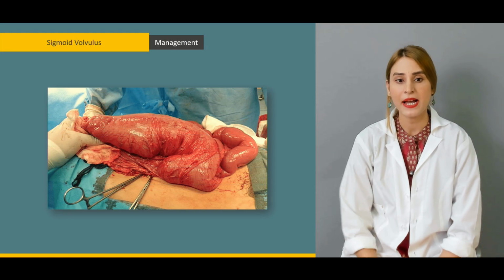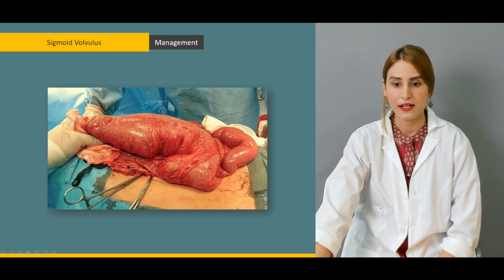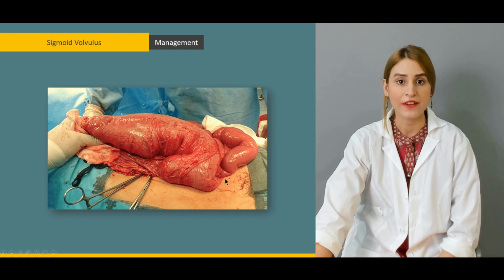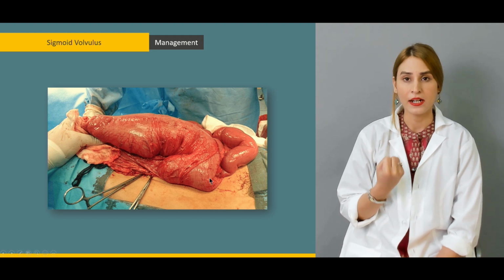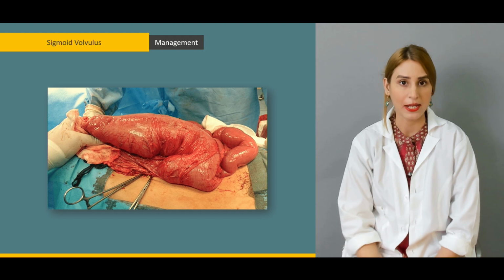You can see here, this is the big sigmoid volvulus. You have to resect all this portion, and then the rest of the healthy or viable tissue is restored or anastomosed. But you should know the viable and the non-viable segment.